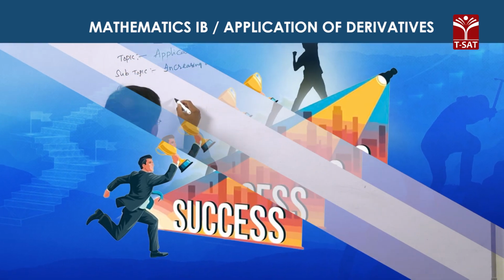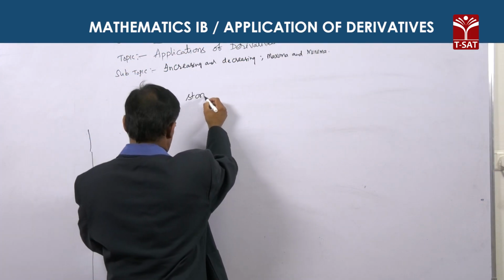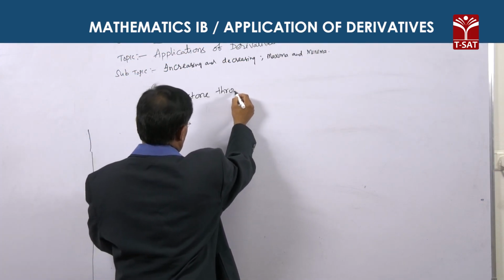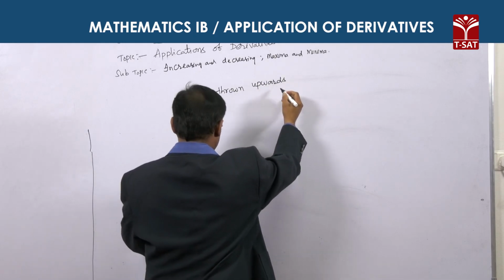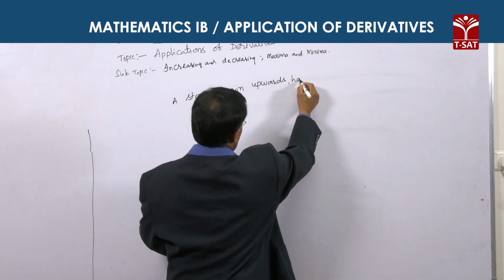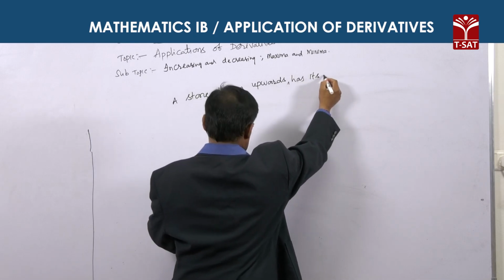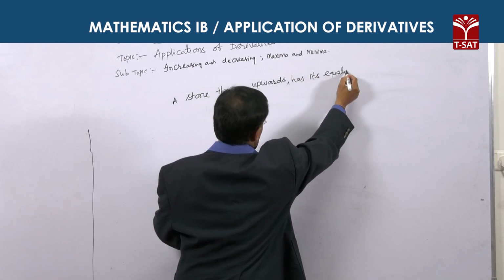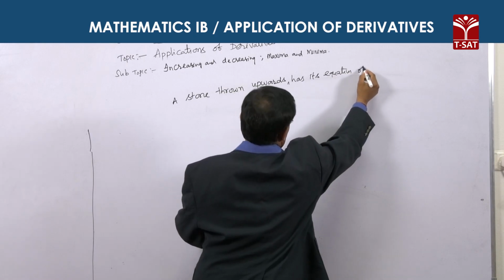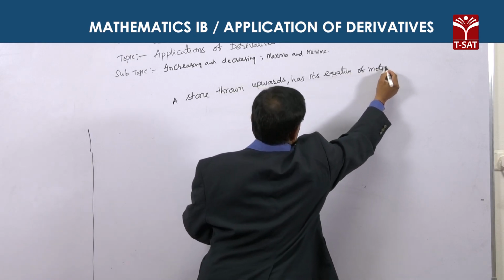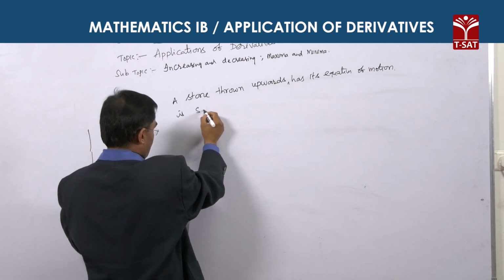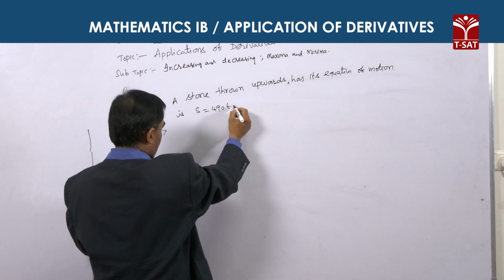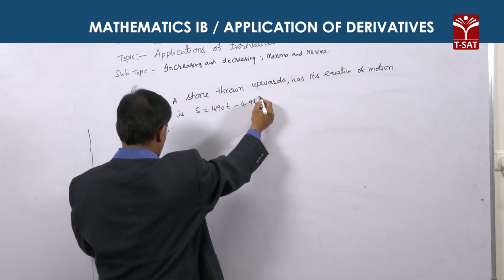Next problem. A stone thrown upwards has its equation of motion s = 490t - 4.9t².